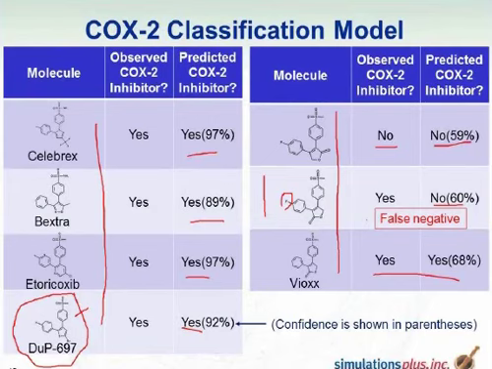The other point to make here is that sometimes people think that because it's called ADMET Predictor, and many of the models are focused on human responses or human pharmacokinetic properties, that it's only trained on drugs, and that's not true.